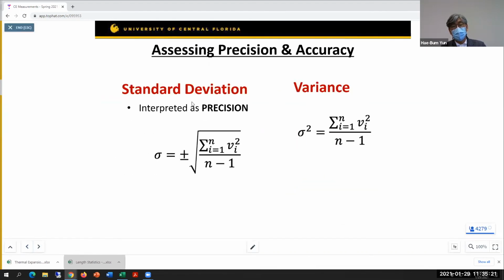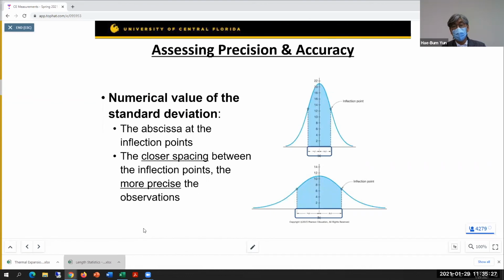This slide shows the mathematical definition of standard deviation, but on the next slide I want to show you what a standard deviation is in graphical form. When you have a normal distribution, there is a point where the slope changes.